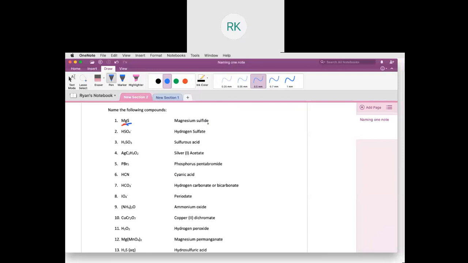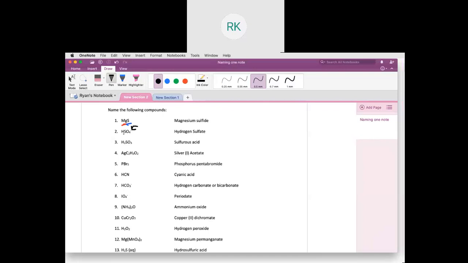So magnesium sulfide. For this next one, this is just straight up one of your polyatomics, SO4 with a negative sign. I would pay attention to the charge. Because there is a charge, you know this is not your acid. This is not sulfuric acid.